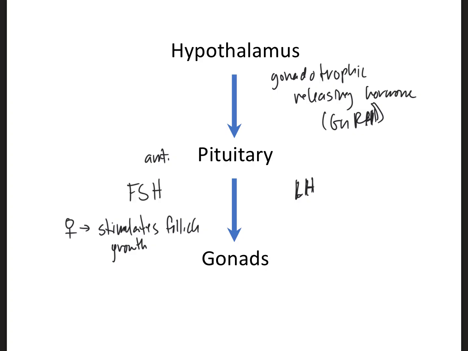Otherwise, the oocytes just stay in the ovary, nothing happens. The hormones produced by the follicle don't do anything. They don't prepare the uterus for pregnancy. Does that make sense? So the process of recruiting and developing a follicle is imperative to allow ovulation to occur, to release the oocyte, and also prepare the uterus for a potential pregnancy.